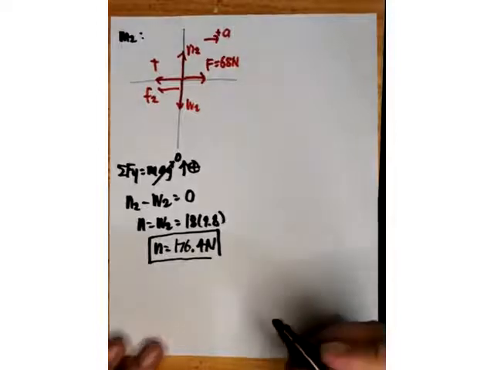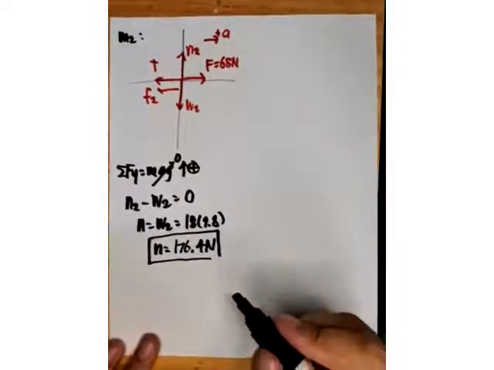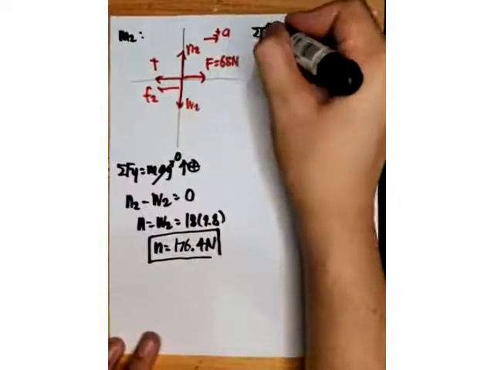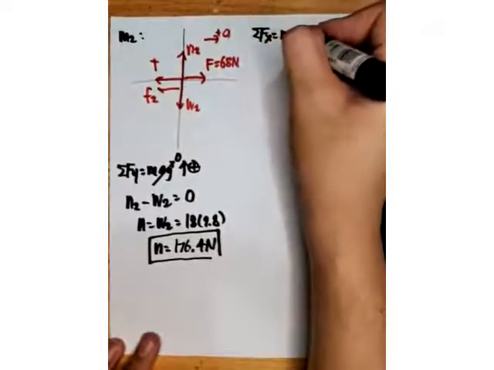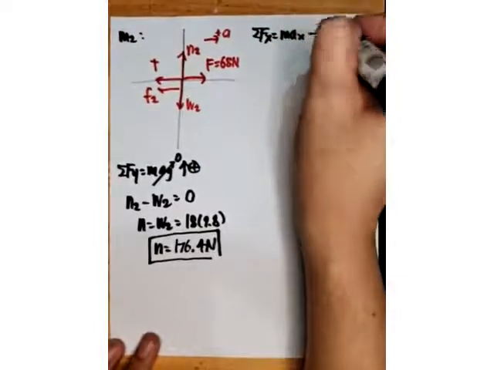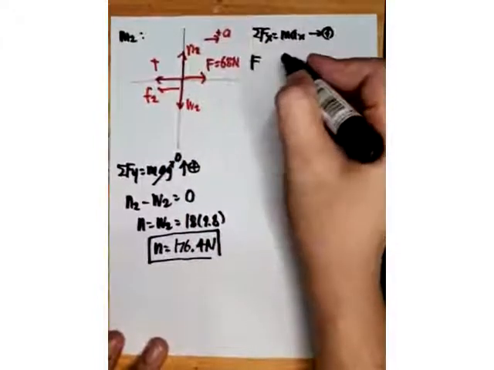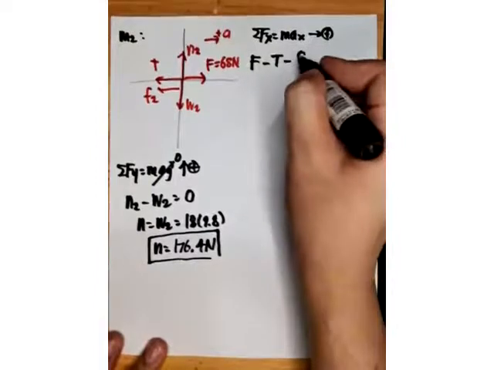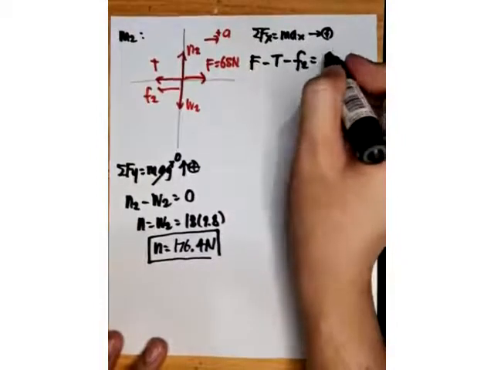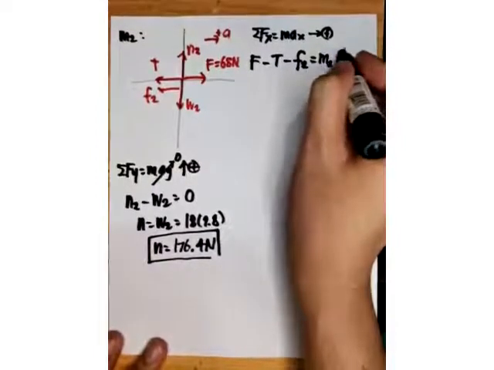Okay, so next, let's proceed to x. So summation of forces along x is equal to max. To the right is positive. So what are the forces along x? We have the applied force minus the tension minus the frictional force 2. So that's equal to M2 times positive a.